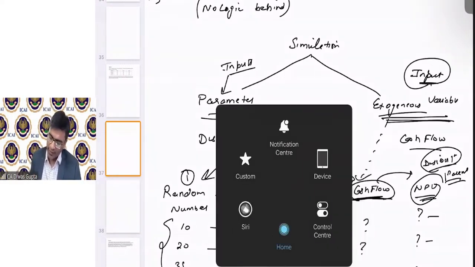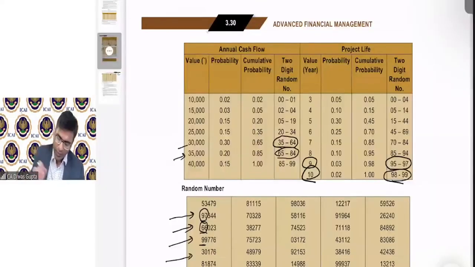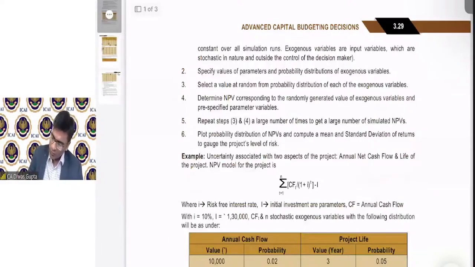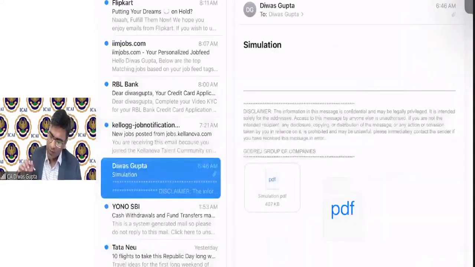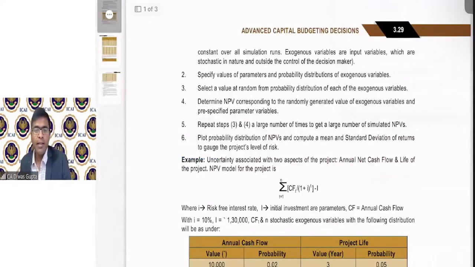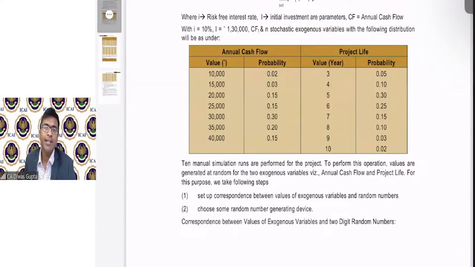Now let me go back to the example. Students, if you see here, we have been given two things: one is annual cash flow and the second is project life. So the annual cash flow and project life are exogenous variables for us, because in the example we feel that these two are bound to change and are dependent on probability.